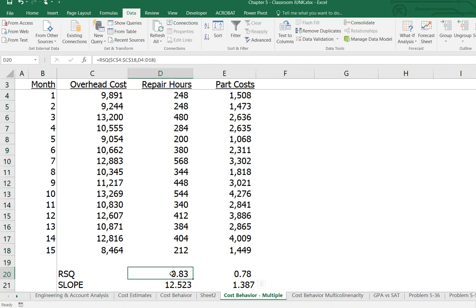Individually, again, our repair hours explained 83%, our part costs only explained 78%. So if we were to choose one variable, we would probably choose repair hours. But what if we ran a regression that included both of these? In other words, we ran our multiple linear regression.